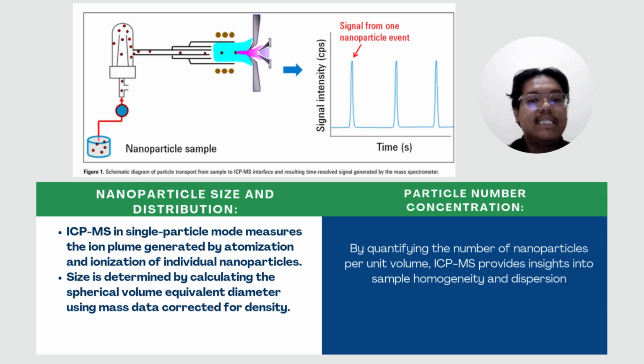It can give a size. Size is determined by calculating the spherical volume equivalent diameter using the mass data corrected for the density. About the particle number concentration, by quantifying the number of nanoparticles per unit volume, ICP-MS can also provide insight into the sample homogeneity and dispersion.